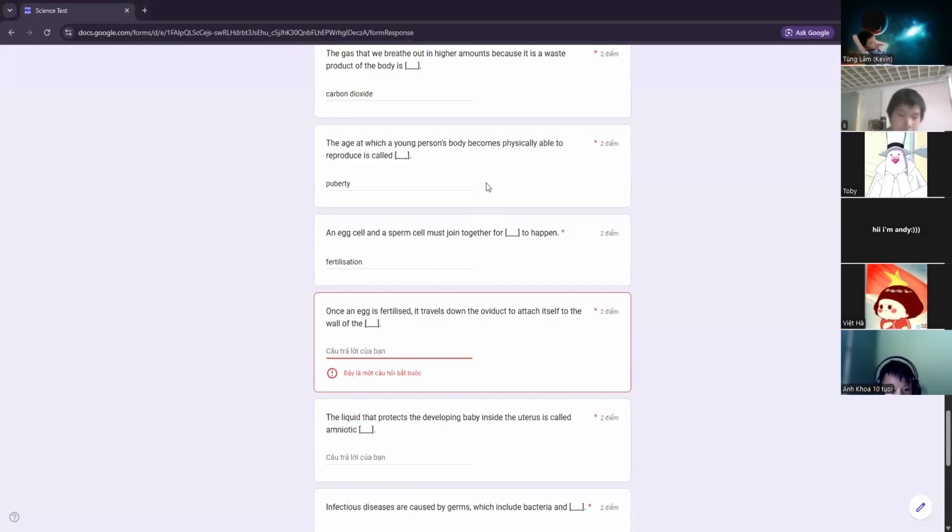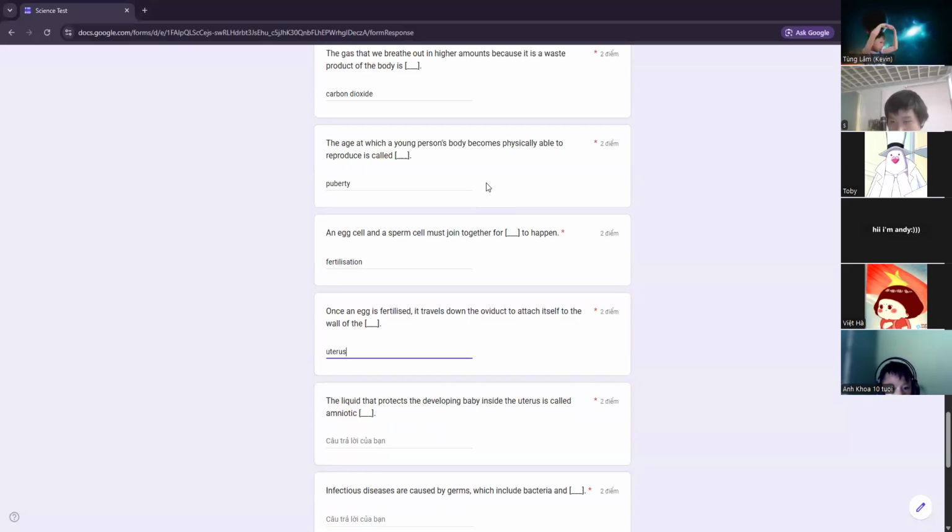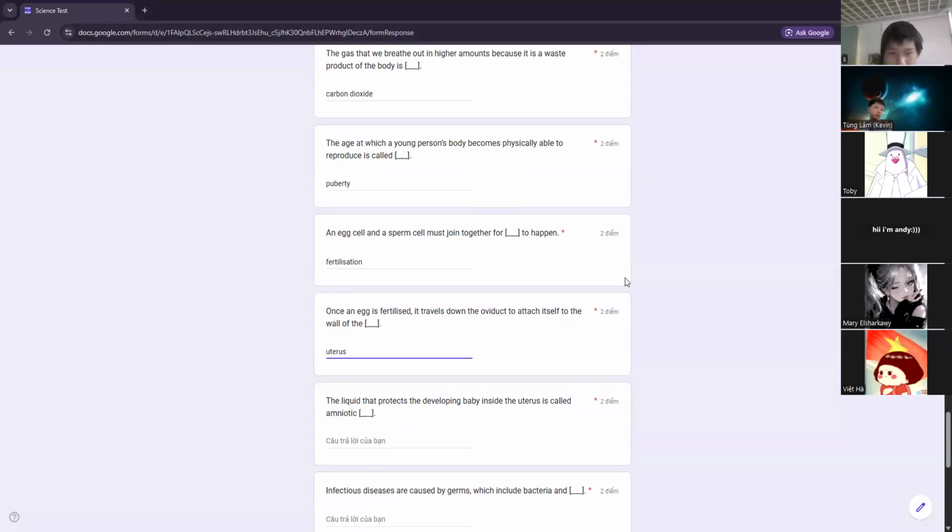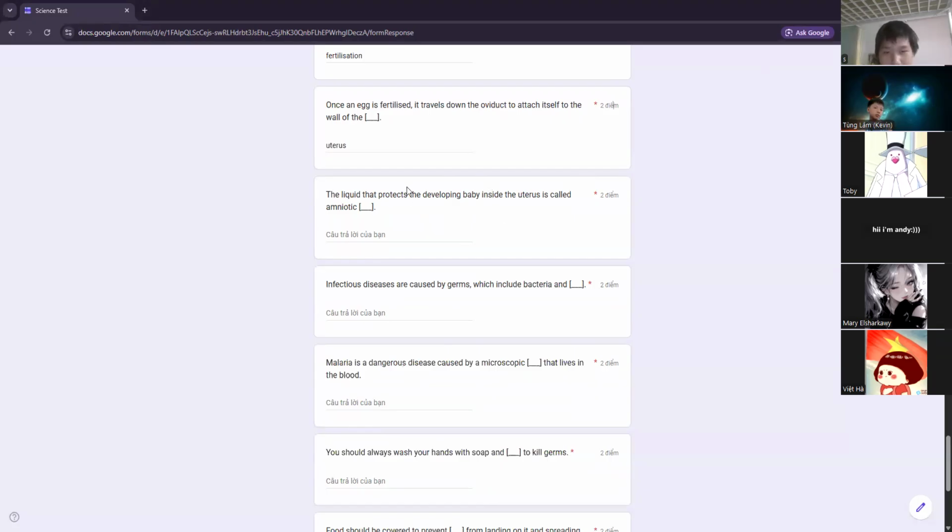The answer here is the uterus or the womb. The egg goes to attach itself to the wall of the uterus or the womb. Now, again, this is the amniotic fluid. I do not expect you guys to answer this question as well.